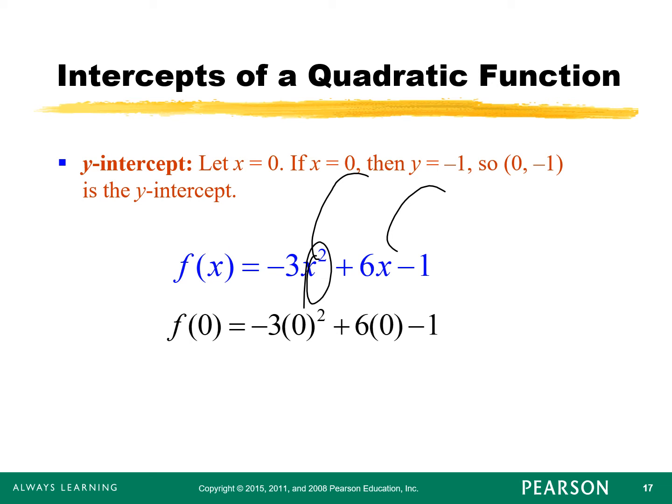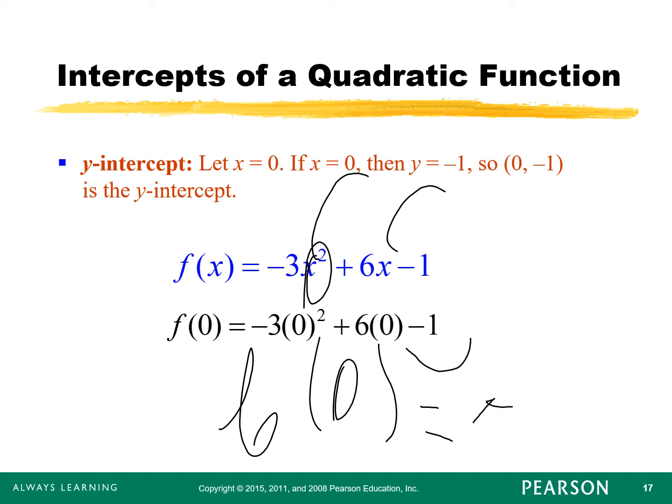And then we can find our number, which is minus 1, f(0) equals minus 1, and this is the y-intercept of the function, and this is the point that we will get, (0, -1). So if we want to find the y-intercept of a function, let's take the x of the function and replace it by 0.